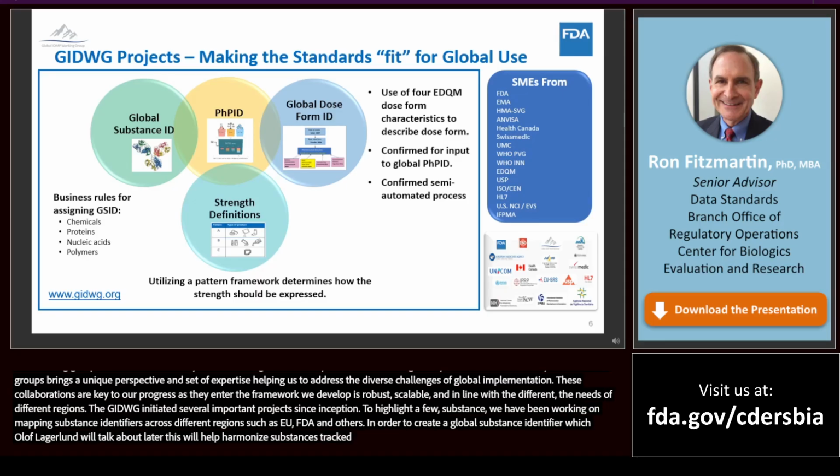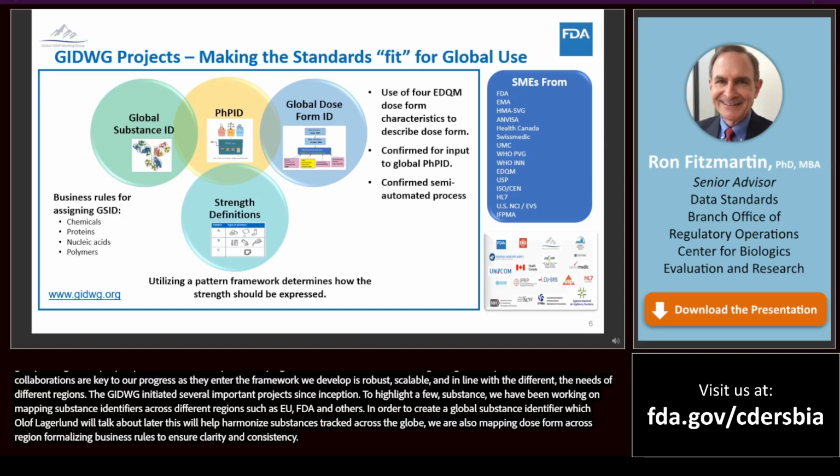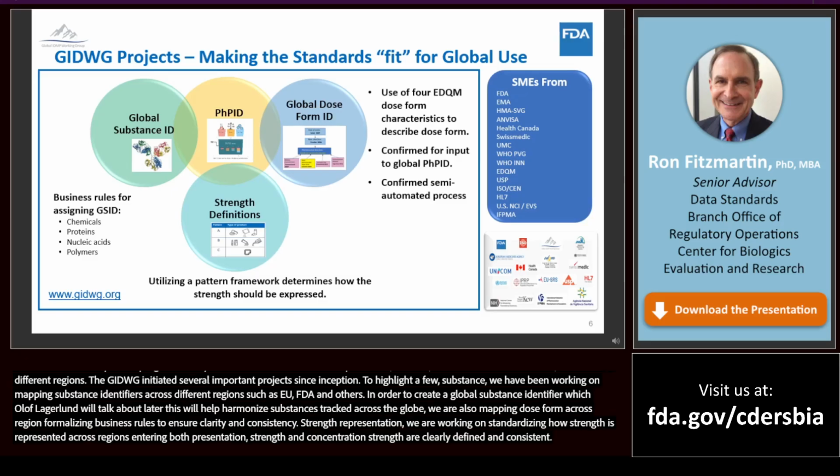Dose form. We are also mapping dose form across regions, formalizing business rules to ensure clarity and consistency. Strength representation. We are working on standardizing how strength is represented across regions, ensuring that both presentation strength and concentration strength are clearly defined and consistent. Operating model.